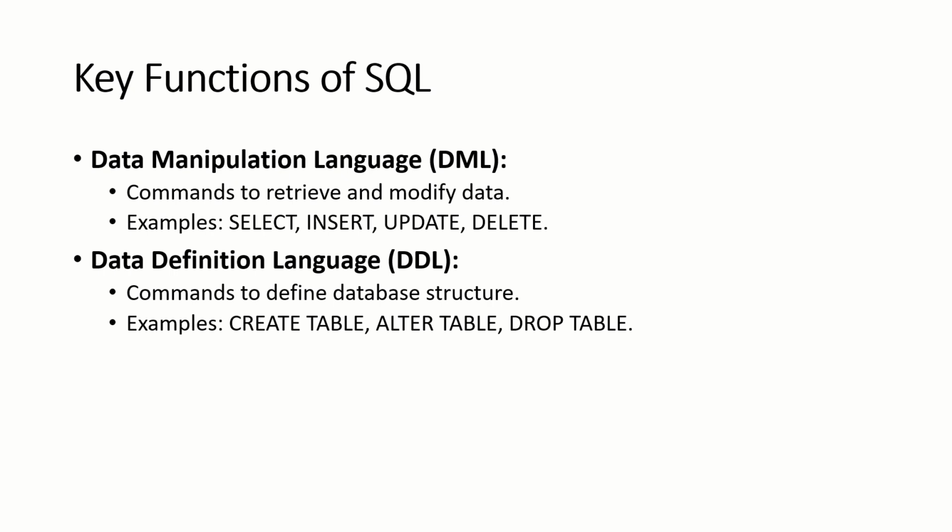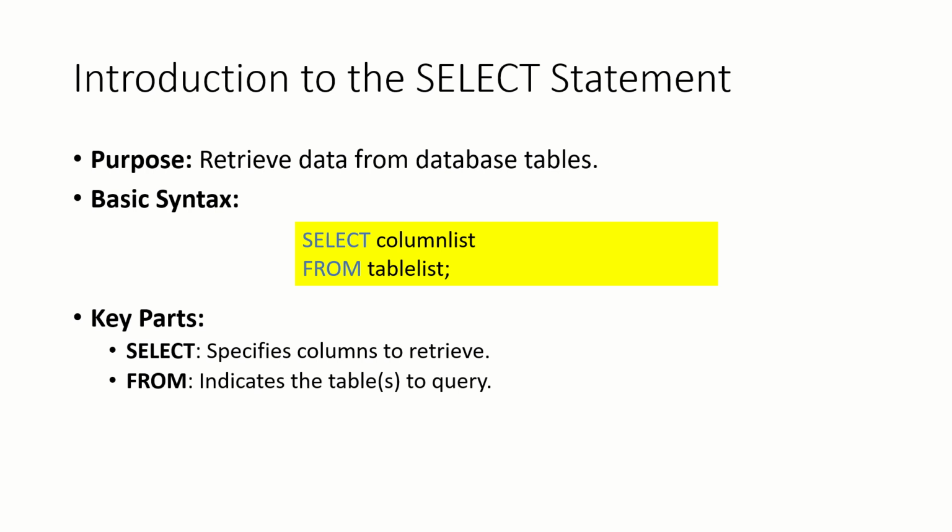Okay, so the first thing we talk about is the select statement. This is the core statement we use in SQL. Select is the statement that helps you retrieve data from the database.